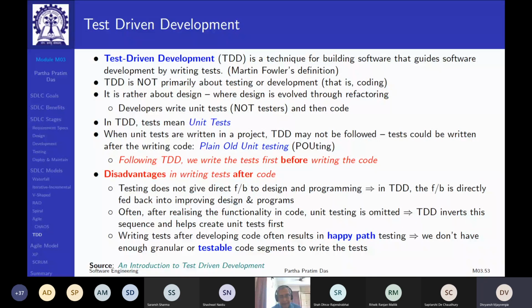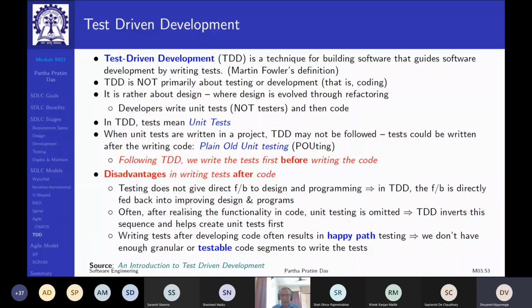So unit tests are written in a project. TDD may not be followed. The test could be written after writing the code. That is what we do. And that is called PUT, plain old unit testing. But in TDD, we write the test first before writing the code.